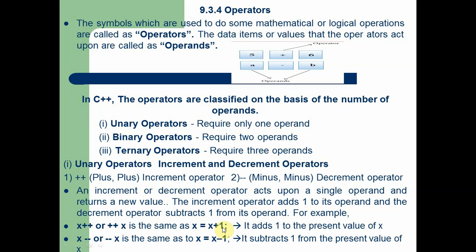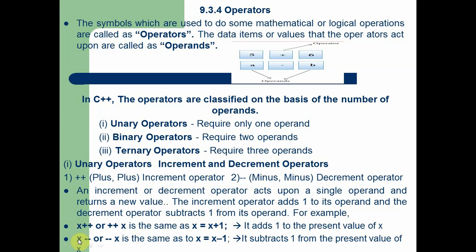For example, consider the value of x is 5, and we apply the plus plus operator on that variable, x plus plus, then the value of x is incremented by 1. After executing the increment operator, the value of x is 6, because it adds 1. So 5 plus 1 is 6, which is stored in the same variable called x.